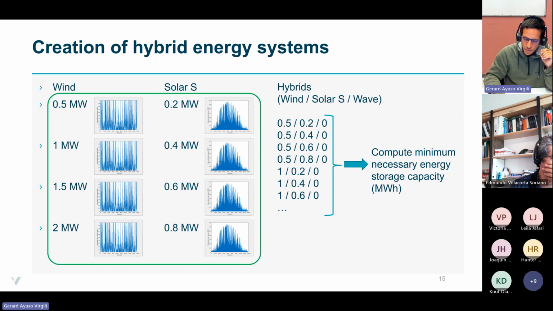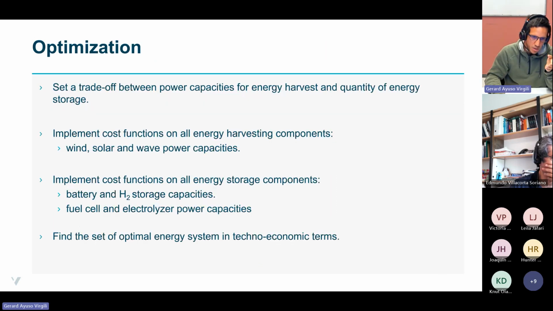And why is it important? Because in the end, we want to optimize the system. Knowing how these two aspects of the system trade off, harvest and storage, the only thing we would need is to put a price tag on everything, implement these cost functions for all the components of the system, and then we would know what is best or at least least expensive to build.